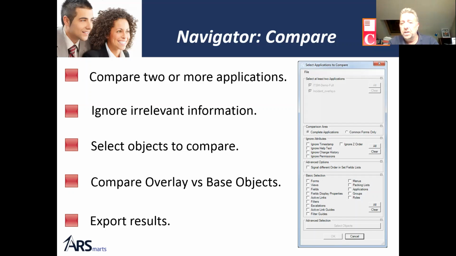Also interesting is that you can compare overlay and base objects. So basically, you are comparing the application to itself, but you are comparing two different layers, right? So I think that is also very interesting.